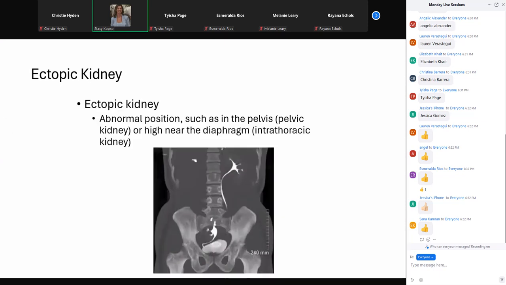Okay. Next pathology is ectopic kidney. This is when you have a kidney in an abnormal position, such as in the pelvis. That's a pretty common one. Pelvis or high near the diaphragm. You see this kidney down here by the bladder on this patient. That's ectopic kidney.